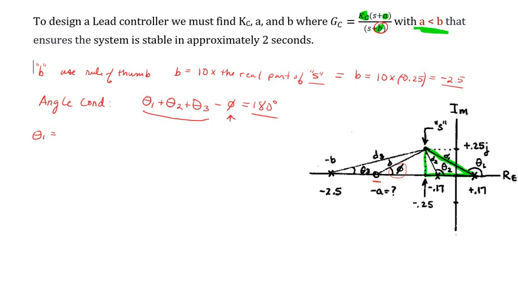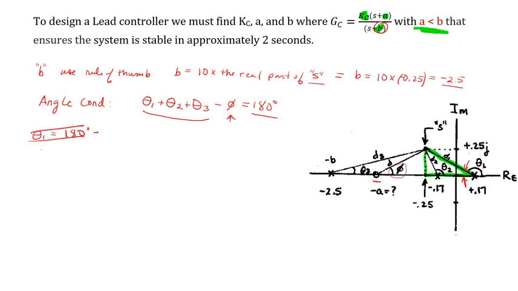We can see right away we don't know this angle, but we do know theta 1. So 180 degrees minus that internal angle, or let me say it in a different way.